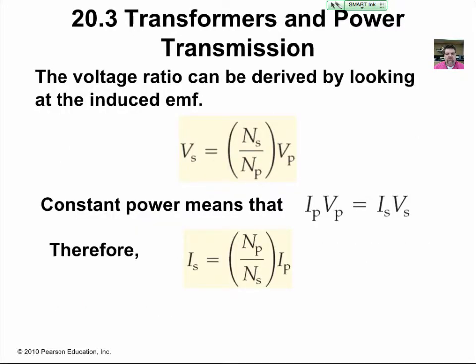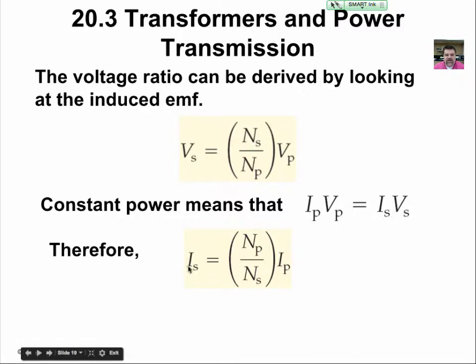The ratio of the voltage can be derived by looking at the induced EMF. The voltage of the secondary coil, V_S, is equal to the number of loops in the secondary coil over the number of loops in the primary coil, times the voltage in the primary coil, V_P. Since the power is constant, I_P V_P should be equal to I_S V_S.